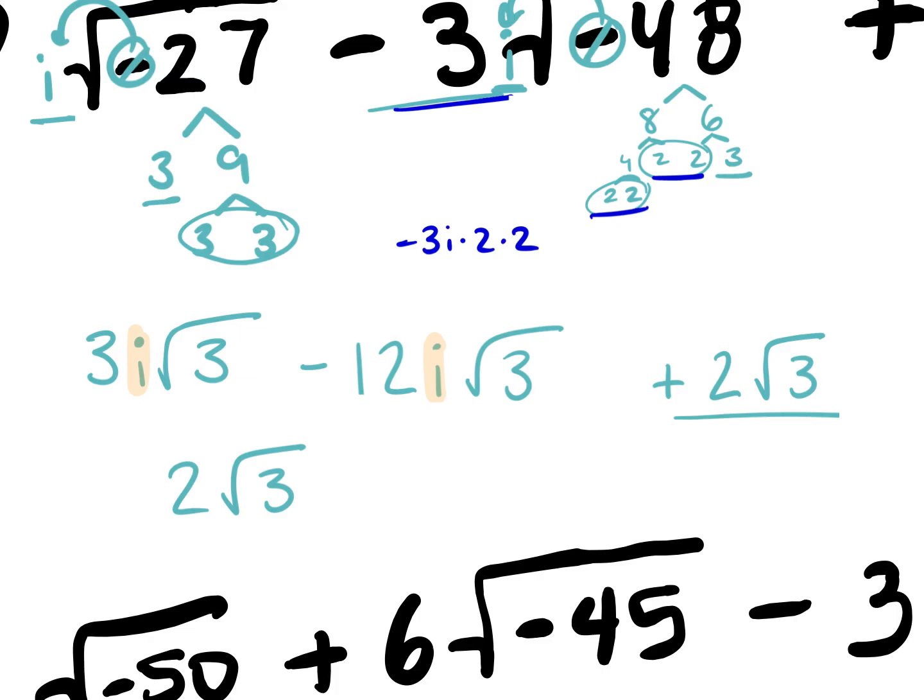There's no imaginary there. So 2 square root 3. Then the other 2, I'm going to add these two together. What's 3i square root 3 minus 12i square root 3? Awesome. Negative 9i square root 3. Perfect. You just combine the numbers together. 3 minus 12 is negative 9.